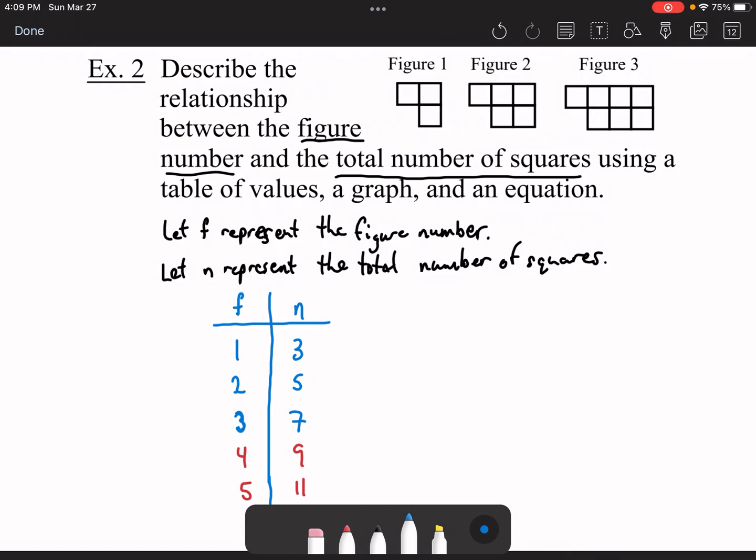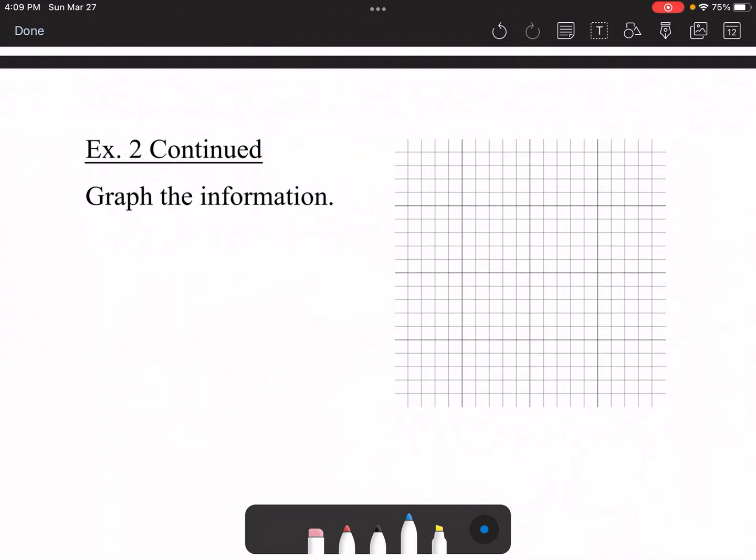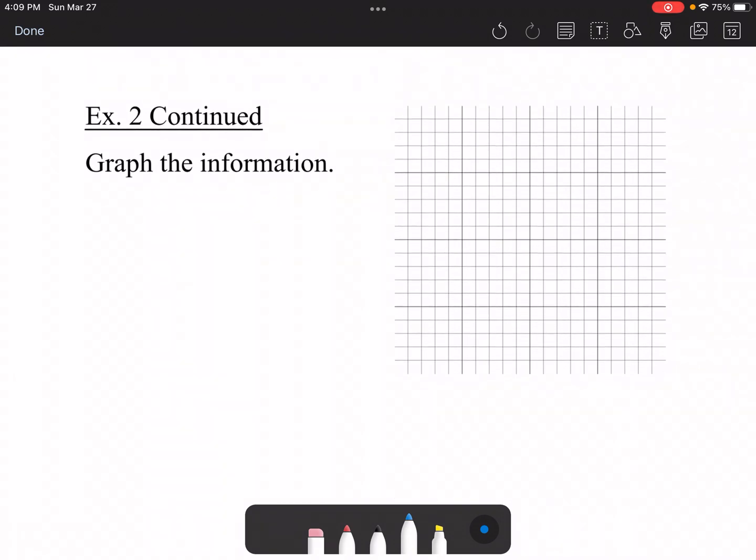Okay, so now we're going to graph that. Since a negative figure number doesn't make sense, and a negative total number of squares doesn't make sense, I'm just going to draw it in positive ranges of values of f and n.